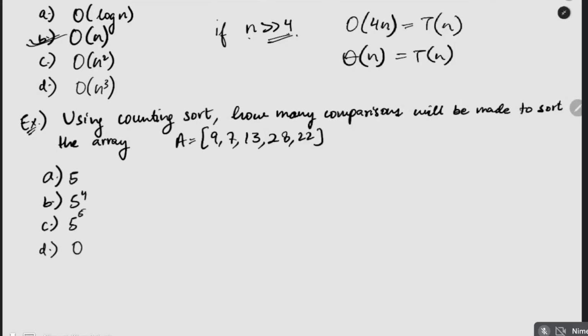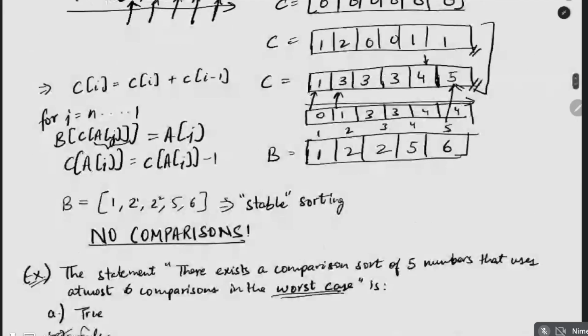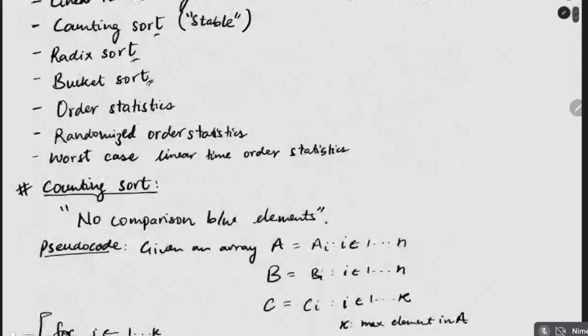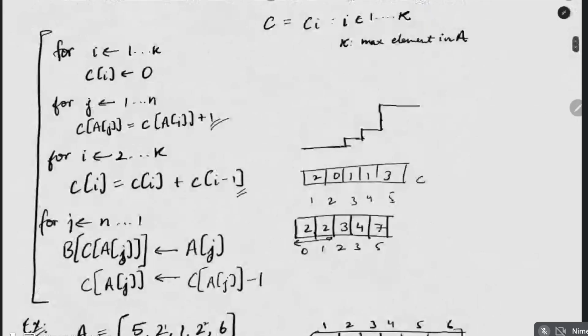This is essentially just a conceptual question, not a numerical. In counting sort, there are no comparisons. We never directly compared any two elements.